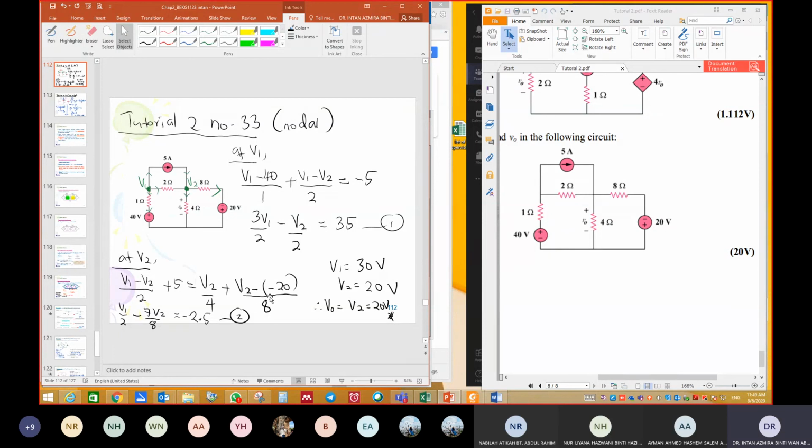You can compare the method of nodal and mesh.